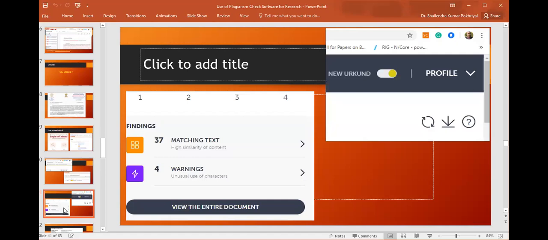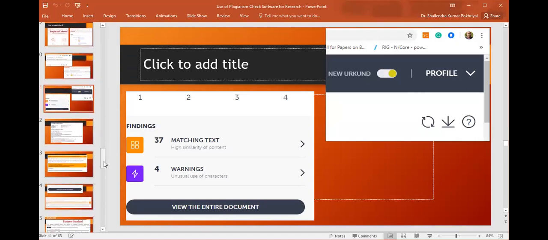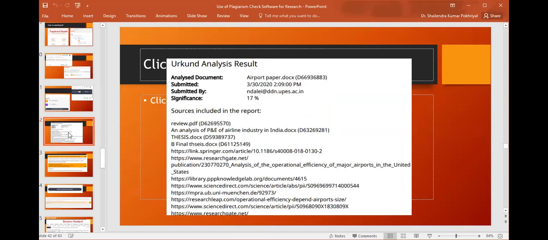Sir, next slide please. So here Urkund is showing matching text and warning. Some 37 matching texts are given here. So in the next slide, I think you will see details. So sir, next slide. Here it is generating the report. It is showing 17%, and all the sources are given here.